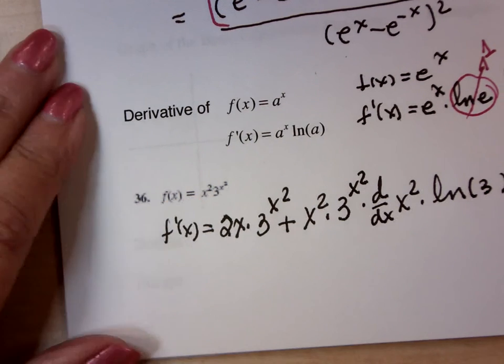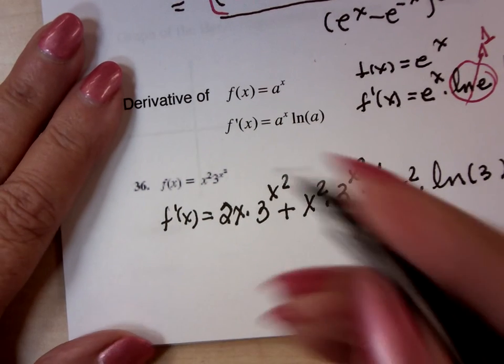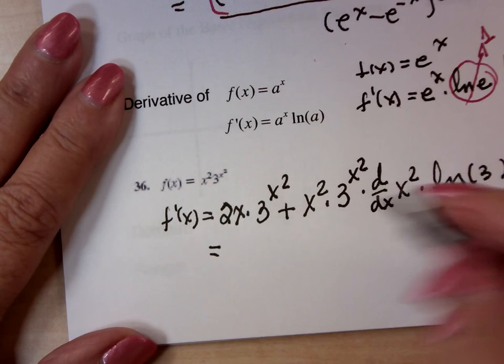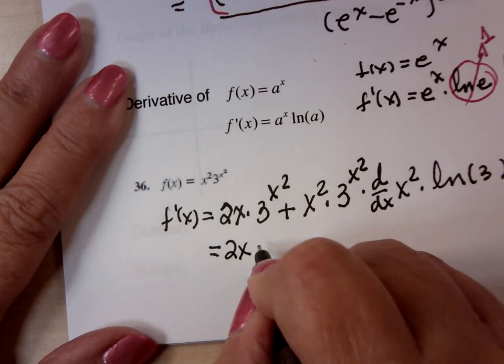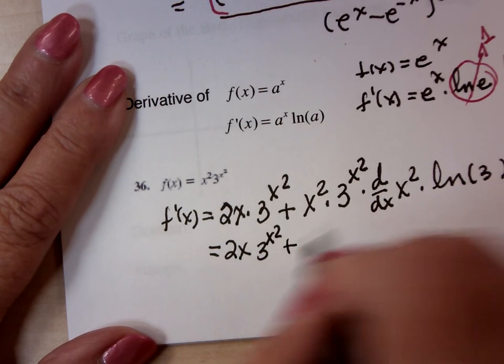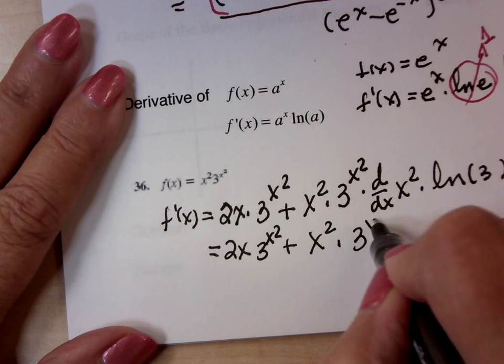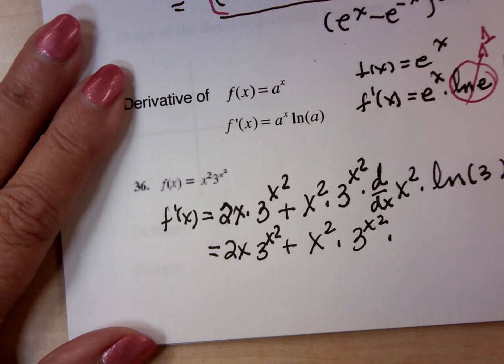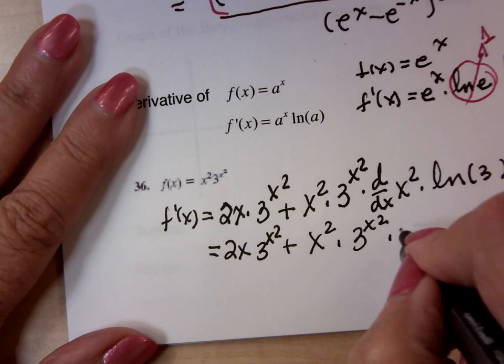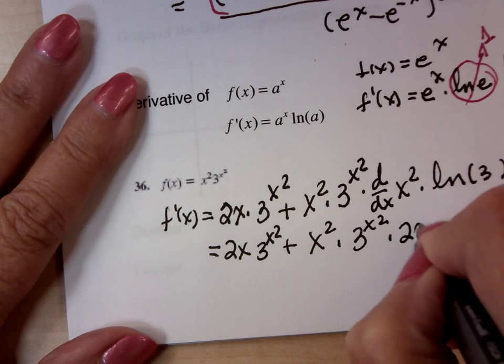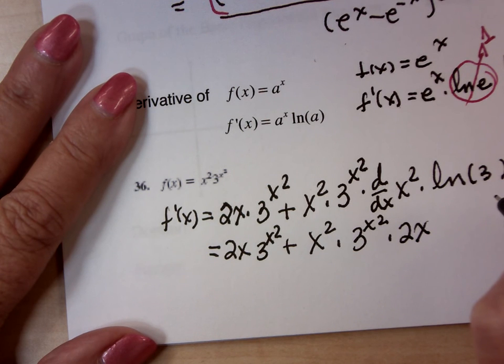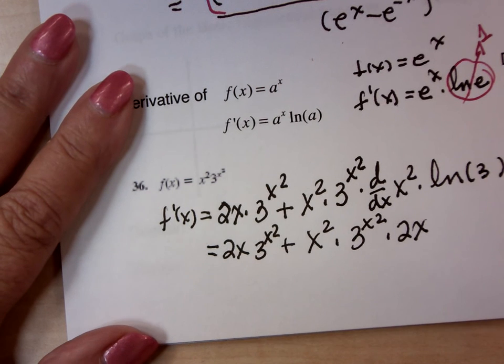And like I said, when I was a student, I always forgot that, the natural log of the base. 2x, 3 to the x squared plus x squared times 3 to the x squared times the derivative of x squared, which is 2x, times the natural log of 3.